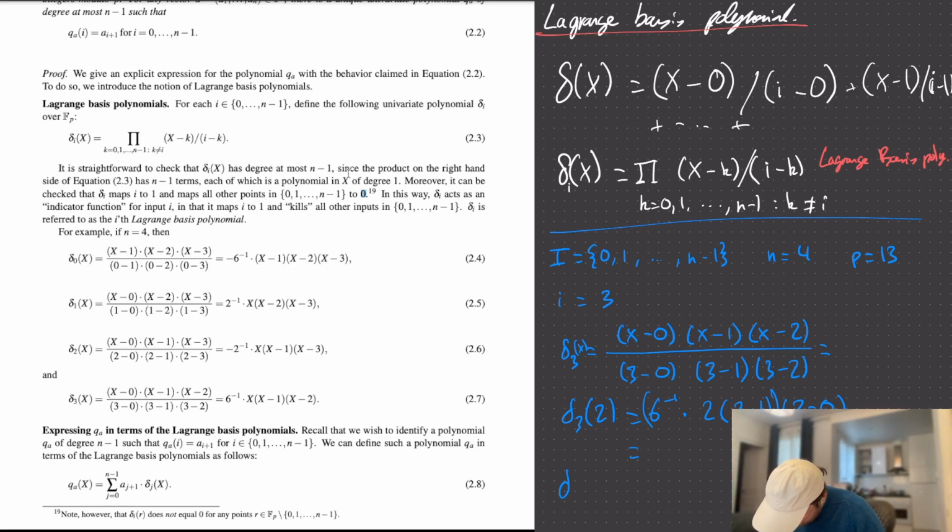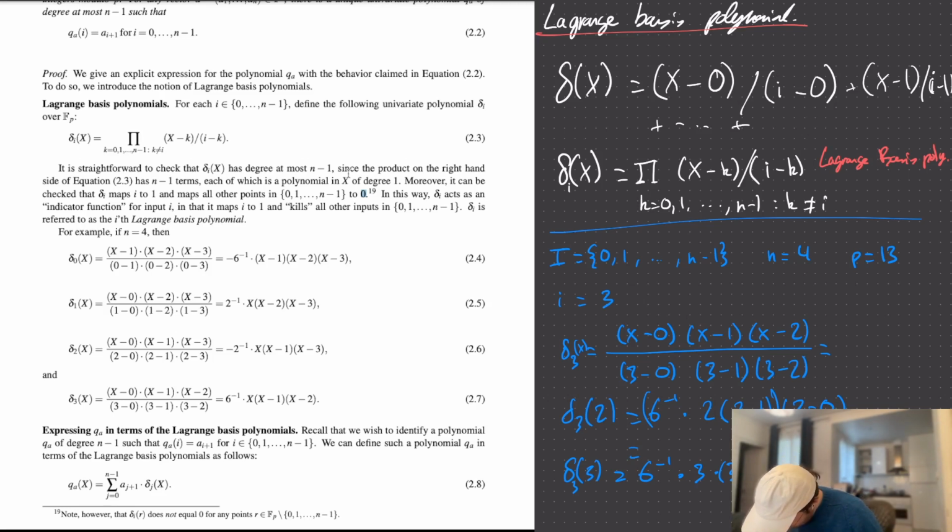I agree with you. And then delta 3 of 3 will be equal to 6 minus 1 times 3 times 3 minus 1 times 3 minus 2. So it will be 1. And mod p, right?